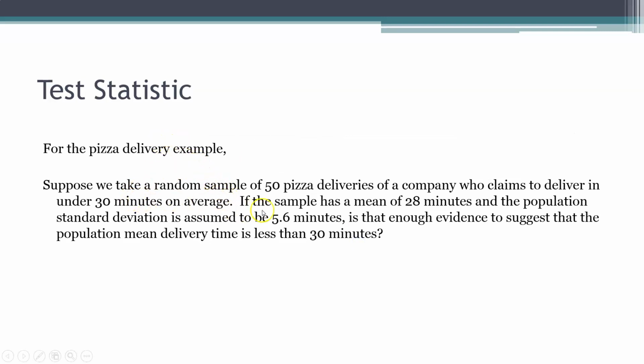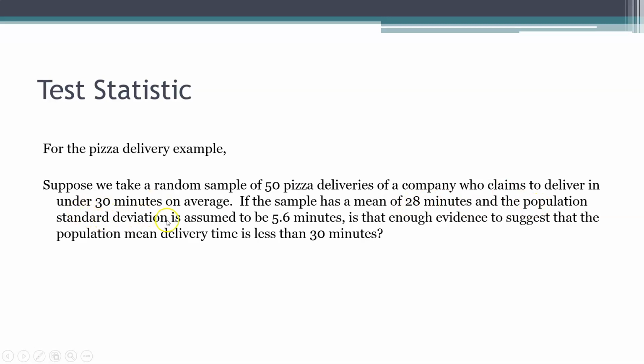So for our pizza delivery example, we said that the company was claiming to deliver in under 30 minutes on average. We said 50 is going to be our sample size, so that's going to be n. We said 30 minutes was our hypothesized value. The sample has a mean of 28 minutes, so that's the sample mean, which is x bar.